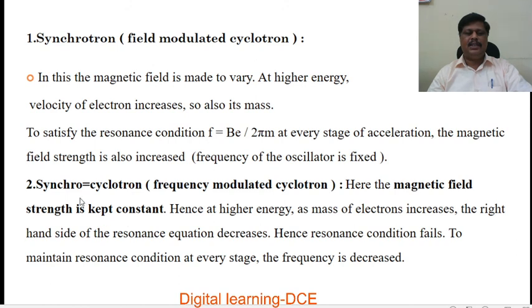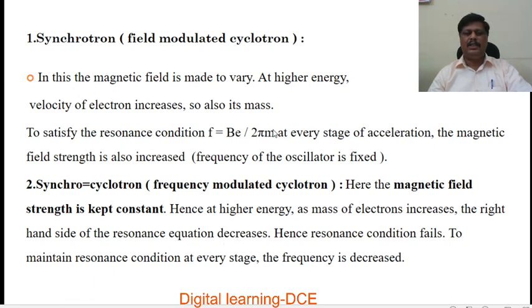And the second one is the synchrocyclotron. This is a frequency modulated cyclotron. In this synchrocyclotron, the frequency is varied, but the magnetic field strength is kept constant. Hence at higher energy, as the mass of the electron increases, the right hand side of the resonance equation decreases.